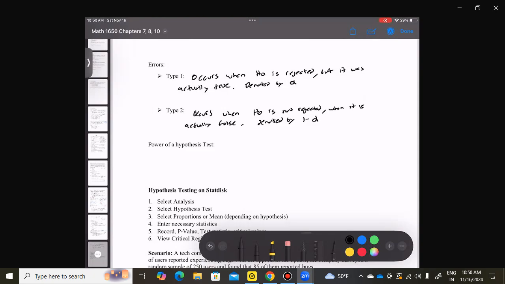Okay. One way to think about this is alpha is too big for a type 1 error, and so that's why we are rejecting it even though it's actually true. The other side is alpha is too small, and that's why we are not rejecting it.